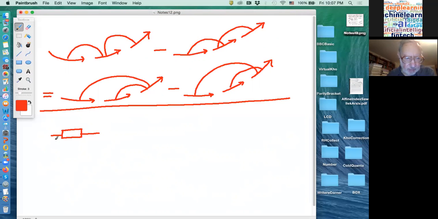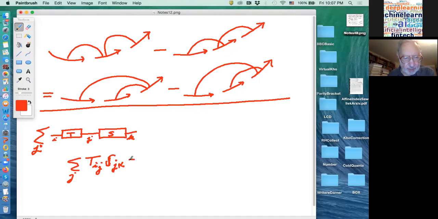So that means that I have a matrix T with indices i and j, and another matrix S with indices j and k, and I wish to write the product. Well, then I arrive at the following formula: the sum on j of T_ij S_jk is equal to TS in the ik position. That's the standard formula for multiplying matrices.